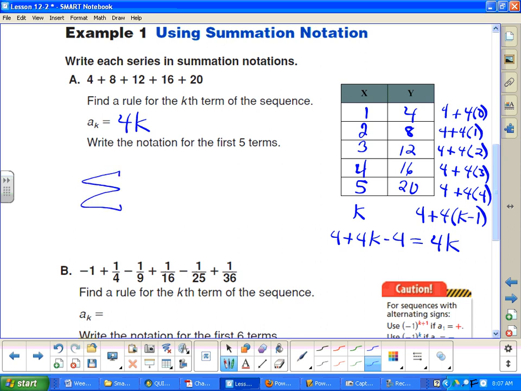I make sigma, which some of us are better at drawing than others. And k is going to start at 1. And since we have 5 terms in our series, it goes to 5. And then the explicit formula here would be 4k.